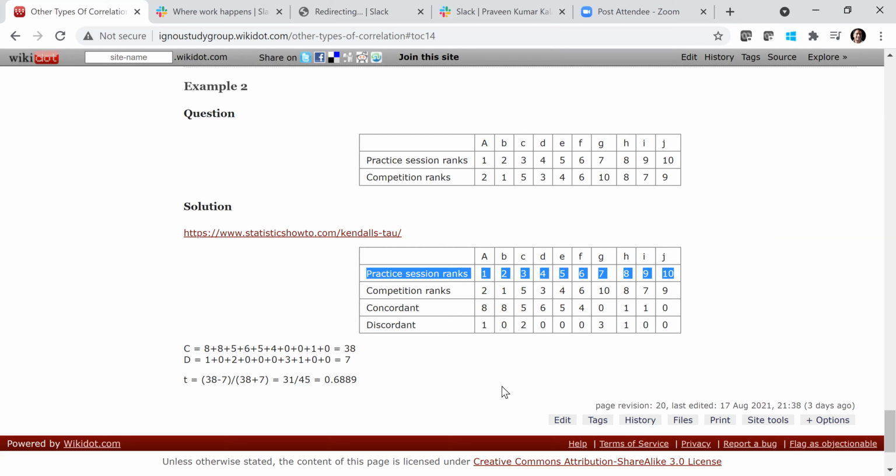Praveen, I had a doubt. What is the minimum size you need to apply this method? Okay. So this doesn't have any minimum size, because this is a non-parametric test, which is conducted on ordinal data. So this is not a parametric test. Typically parametric tests would have such limits.